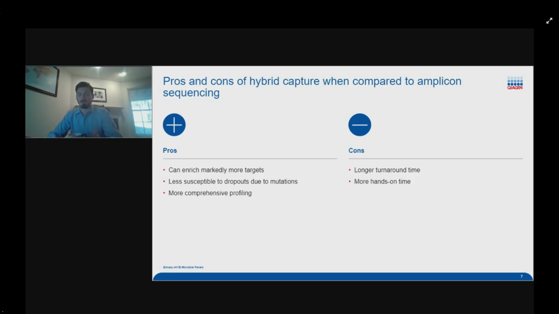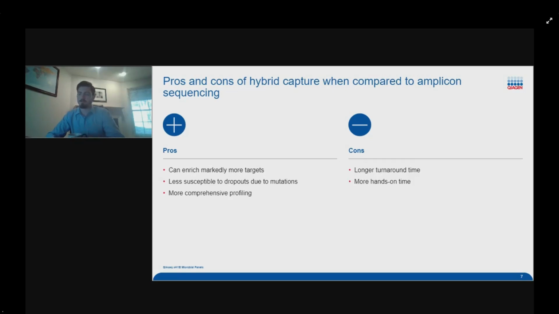Now, luckily also, hybrid capture is less susceptible to dropout due to mutations than amplicon-based sequencing. If you're familiar with SARS sequencing, you'll know that every time a new variant comes around, the question comes up of, does this SARS NGS kit still work for this new variant of concern? And with hybrid capture-based sequencing, the likelihood of that is much less.